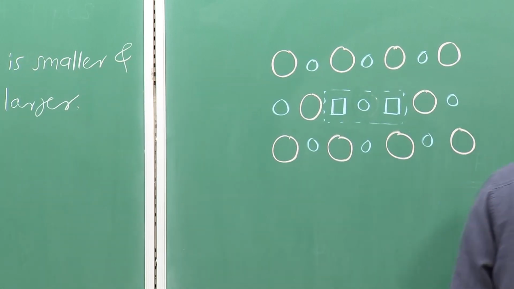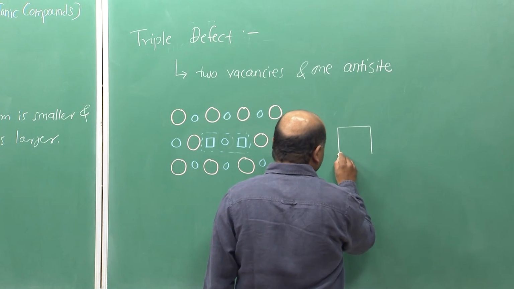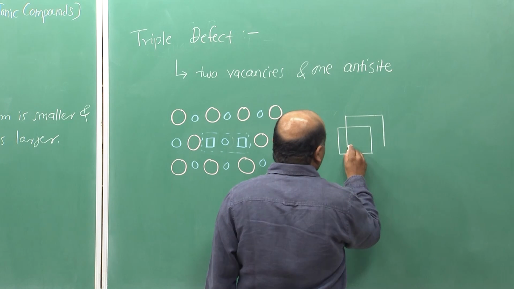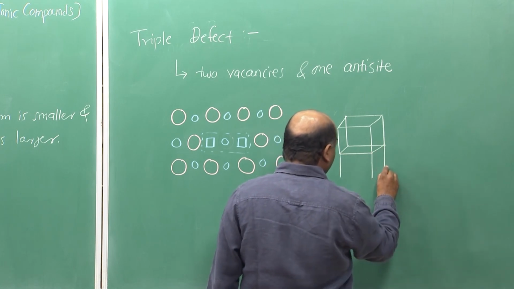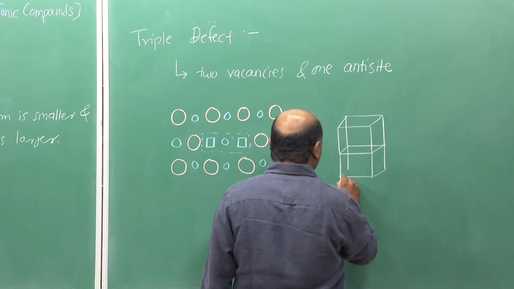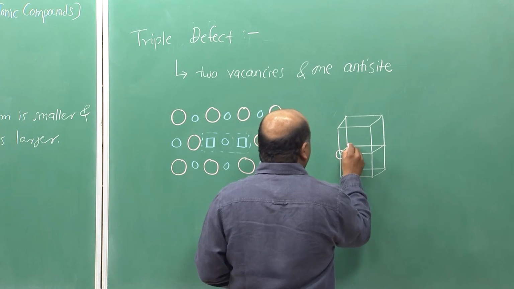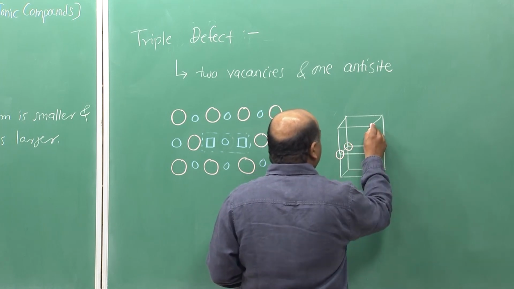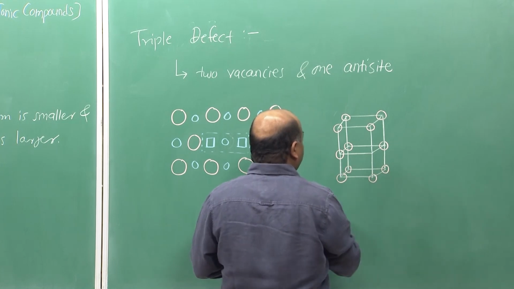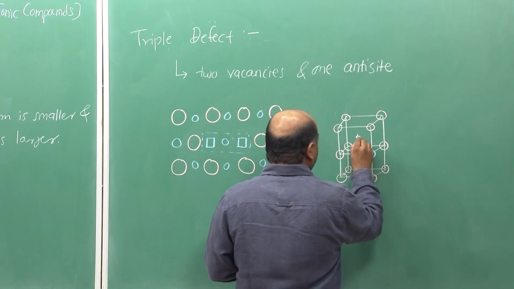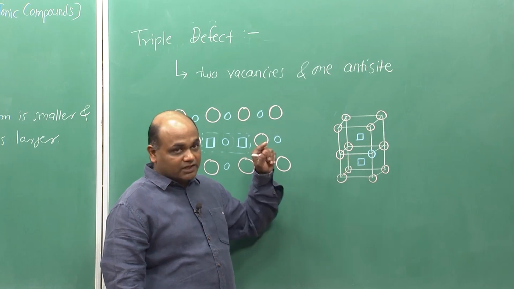So, in case of B2 structure, to visualize this defect, I have shown 2 unit cubes of B2 structure, one above the other.